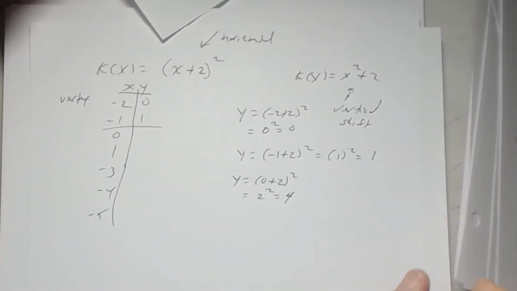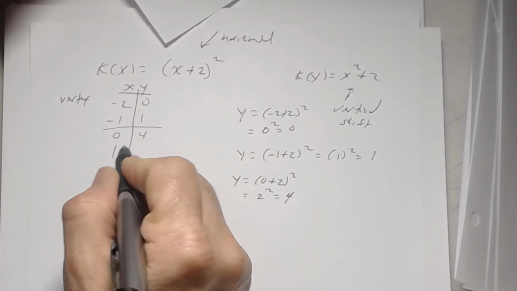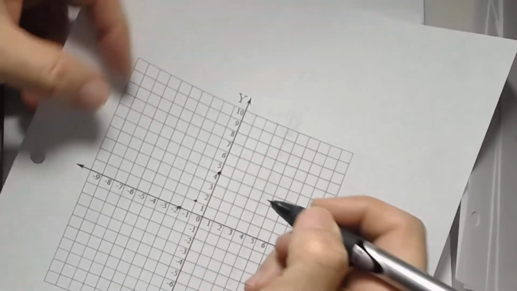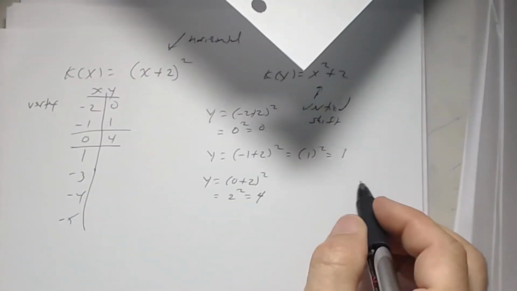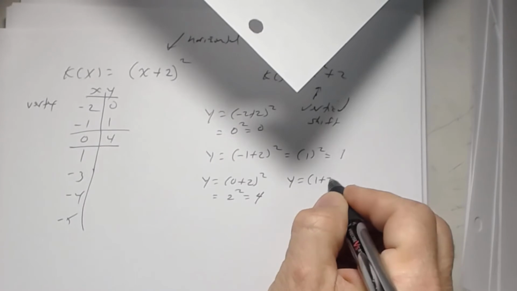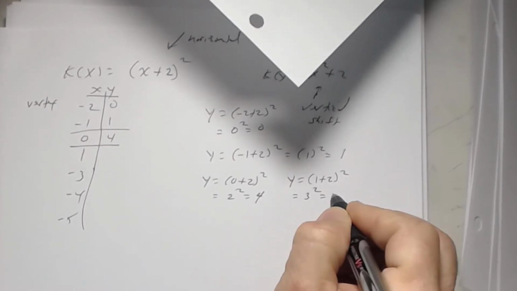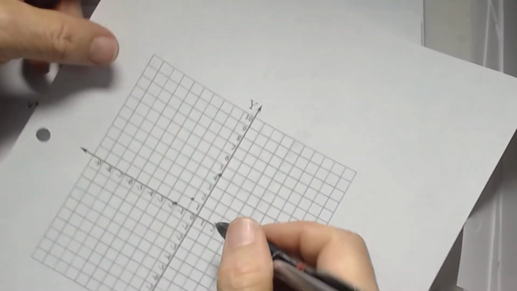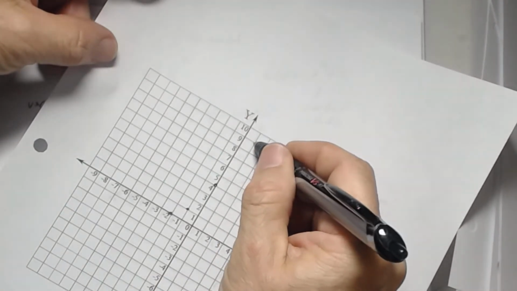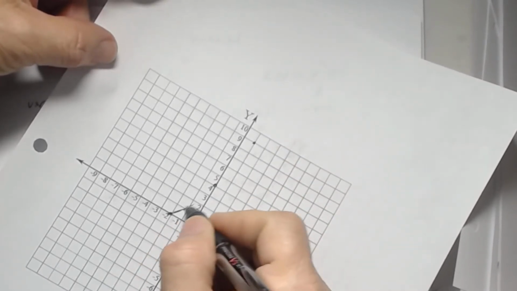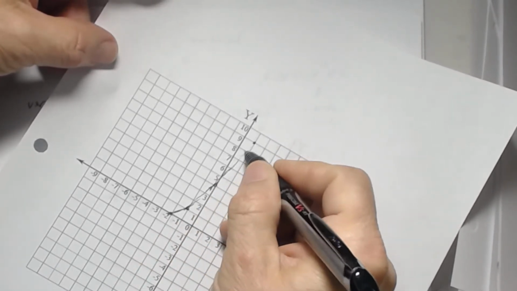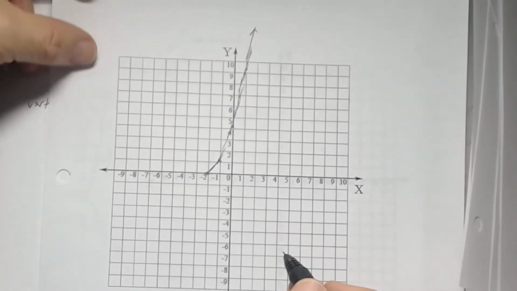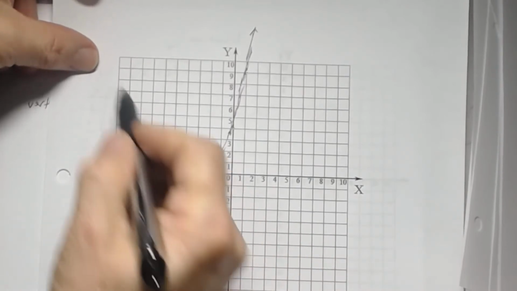So I plot the point 0, 4. If x is 1, I get y equals 1 plus 2 squared, 3 squared, which is 9. So I plot the point 1, 9. So now I know what the right side looks like. It looks like this, right? You agree? Do the best you can with drawing that parabola. And then you kind of have an idea what the left side is as well.